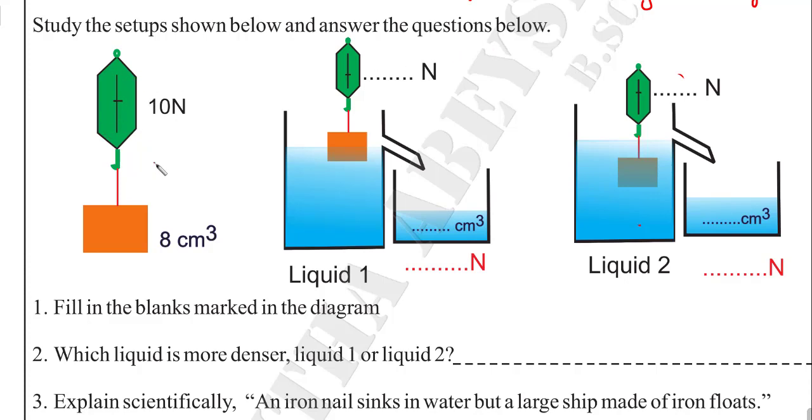You can find that the weight of this object in air is 10 Newton and the volume is 8 cubic centimeters. Now we will place it partially in the liquid, and a certain amount of water is displaced, right?